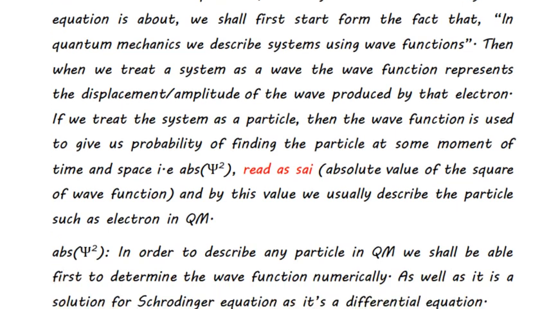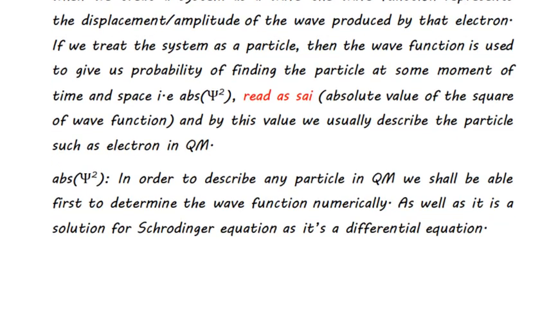If we treat the system as a particle, then the wave function is used to give us the probability of finding the particle at some moment of time and space, which is described by the absolute value of psi squared, where psi is the Greek letter we use for the wave function.